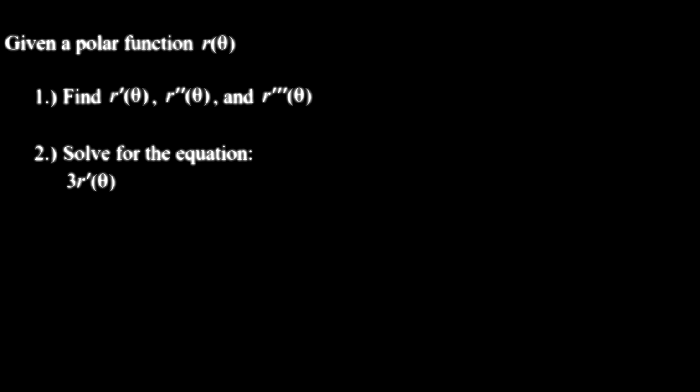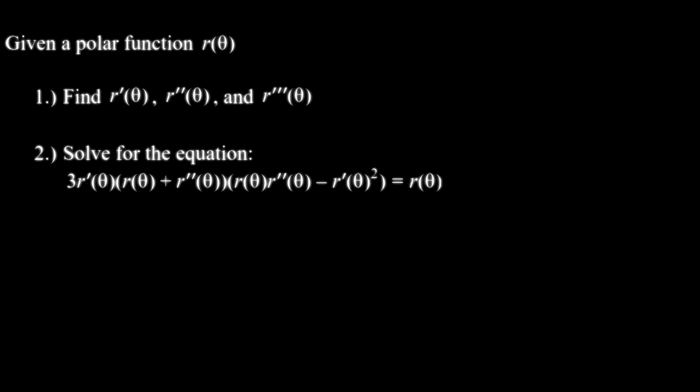Given a polar function r of theta, number 1, find r prime theta, r double prime theta, and r triple prime theta. Number 2, solve for the equation 3r prime theta times r theta plus r double prime theta times r theta, r double prime theta minus r prime theta squared equals r of theta times r prime theta plus r triple prime theta times r theta squared plus r prime theta squared. 2.1.